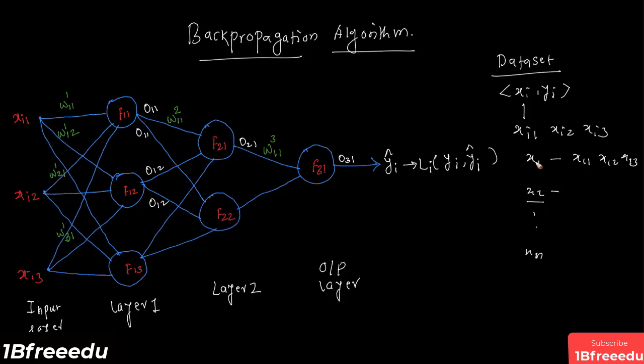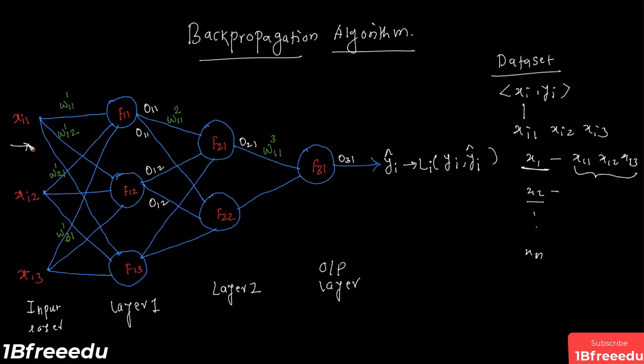So what we are doing is giving one data point, this x1, that means these 3 features of that particular data point, as input at a time. At one time we are giving one data point as input to this neural network. Let's say we are giving the ith data point as input. So the 3 features of this ith data point are xi1, xi2 and xi3.